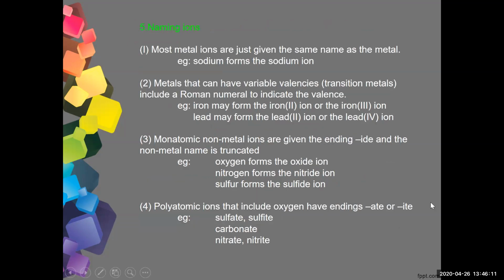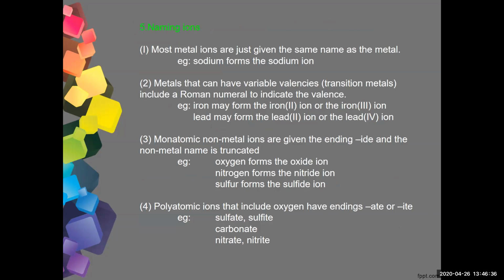Okay, naming ions. Right, metal ions just have the same name as the metal. So sodium makes the sodium ion, rubidium makes the rubidium ion, magnesium makes the magnesium ion, and so on and so forth. There are some metals that can have variable valences. That's the transition metals, or the D block elements. In fact, some of them are in the bottom of the P block as well.